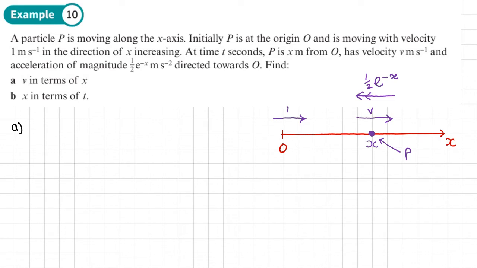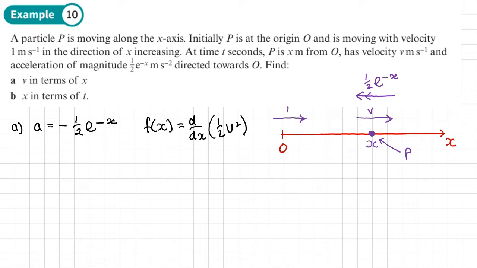We have our acceleration, which is going to be negative half e to the minus x, because you can see it's directed towards the origin, so direction matters. We'll then write out our expression, which is f of x equals d/dx of half v squared.